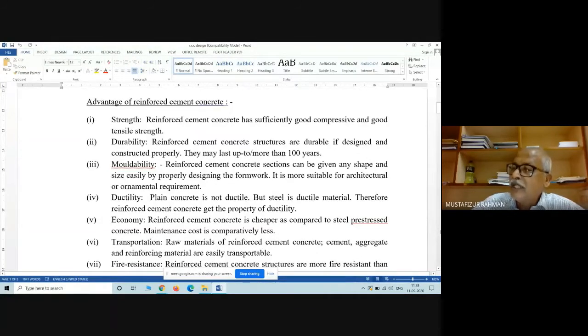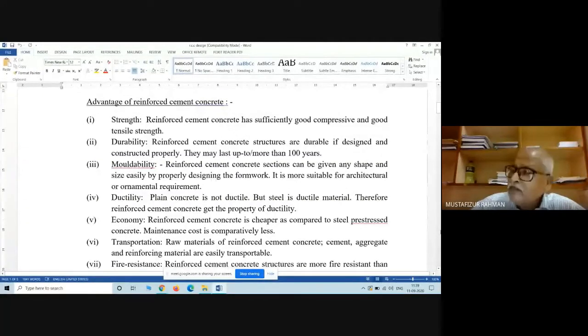If your mold is, say, a beam size with breadth 250, depth 450, and length 5,000, and you pour the concrete there, it will get that size, and after 3 days you can remove the mold and you will get the size 250 by 450 by 5,000. So that is the moldability.